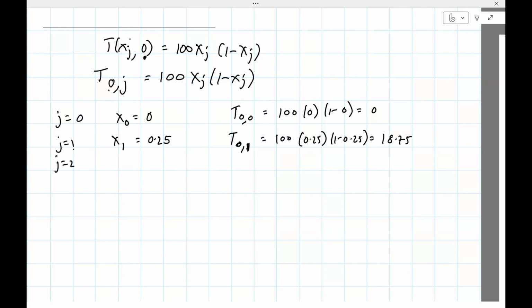Then we have j equals 2. Here x2 is 0.5, and 0 comma 2 is 100 times 0.5 times (1 minus 0.5).